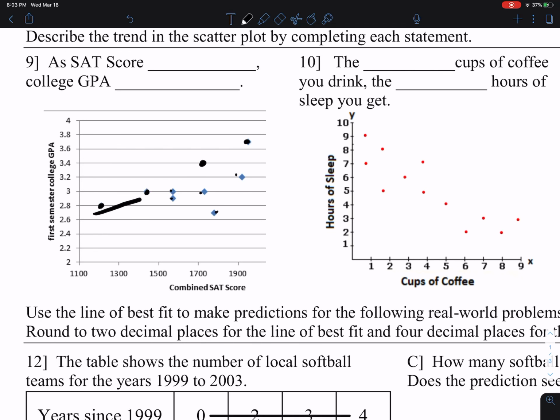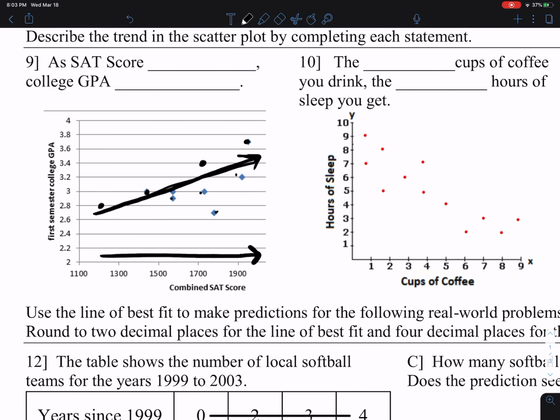Overall, this kind of has a positive trend. It's not very steep. The line doesn't go up very fast, but it's still a positive trend. So as the SAT increases, does the GPA go up or does it go down? As we move from left to right, the graph goes up.